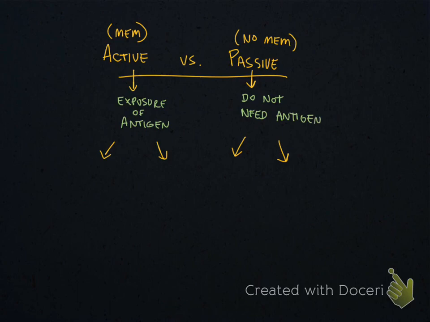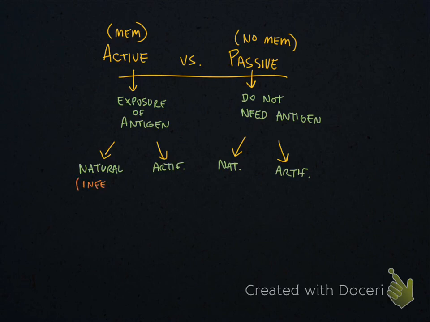Some examples of active immunity. I want to do natural active immunity and artificial. Artificial, we'll do the same thing on the other side, natural and artificial passive immunity. An example of natural active immunity is just simply having an infection.